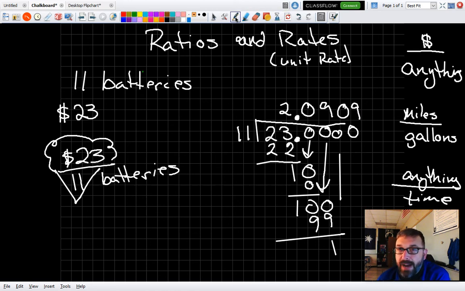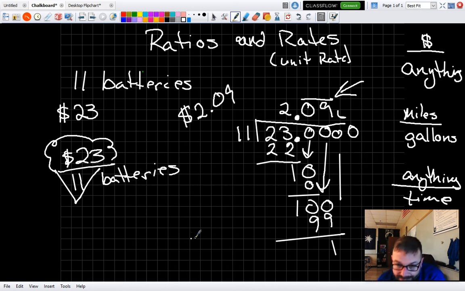So I see the pattern. Because I see the pattern, I can actually stop. And I can do that: 2.09, repeating. That being said, this is dealing with money. So I would accept either 2.09 repeating, or stop hitting that button, $2.09, because nobody has an itty bitty piece of a penny. They just don't exist. Okay?